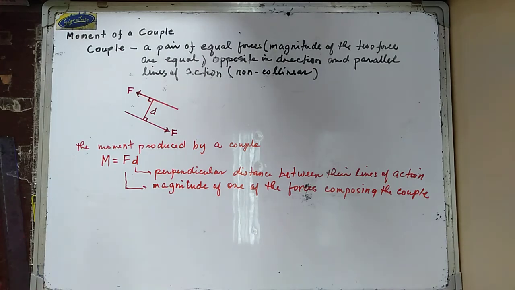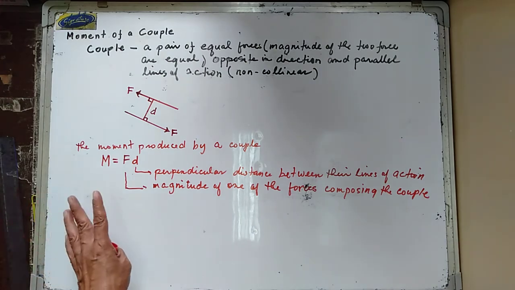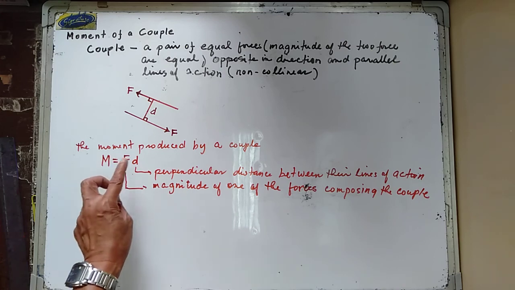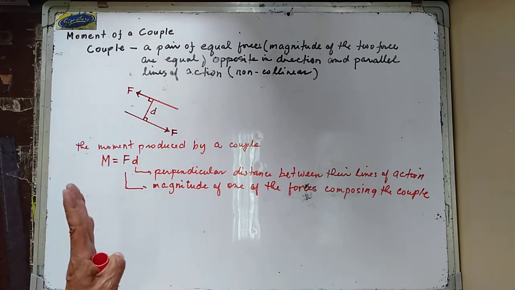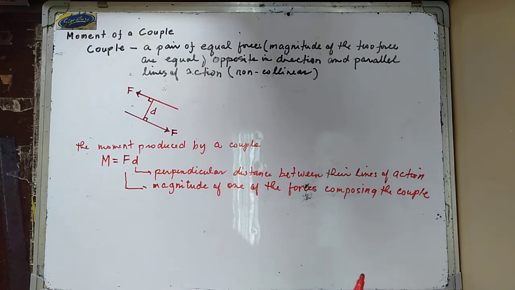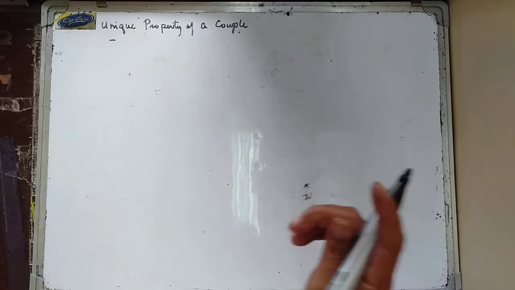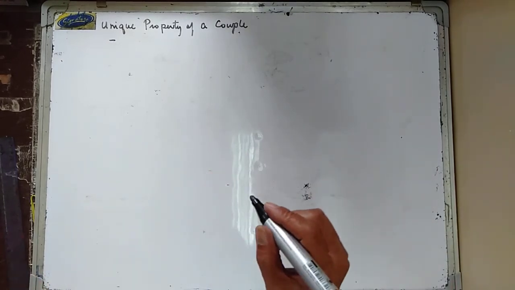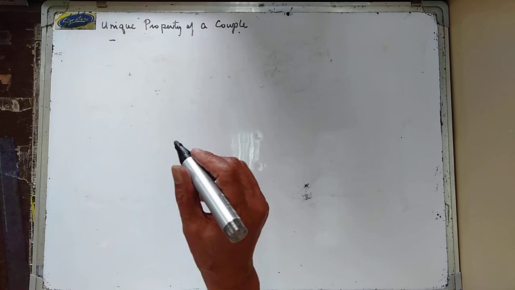Now, the unit of a couple: that is force and that is distance. So it is a unit of force multiplied by a unit of distance. Now, we have a unique property of a couple.